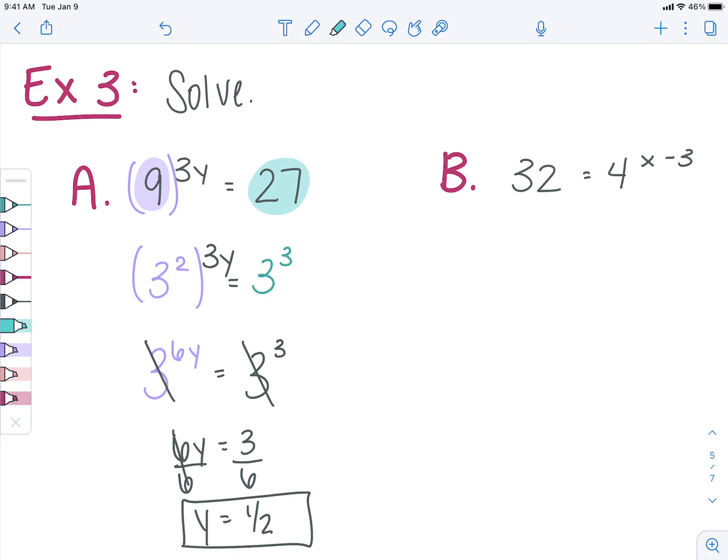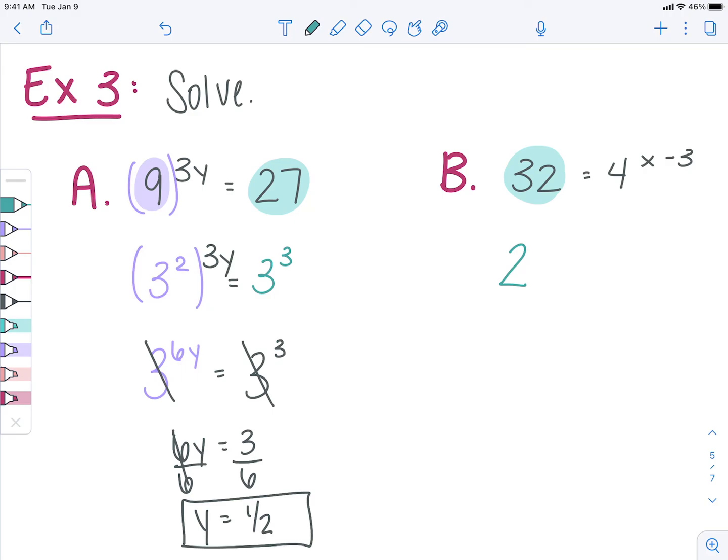So first, I'm going to rewrite 32 as 2 to what power? Well, 2 times 2 gives me 4. 4 times 2 gives me 8. 8 times 2 gives me 16. 16 times 2 gives me 32.